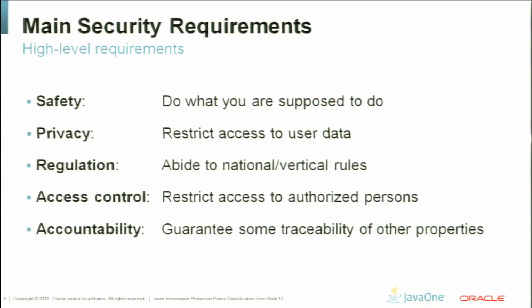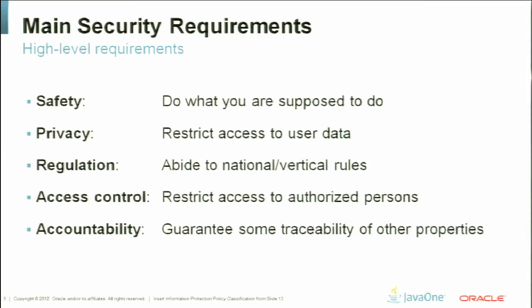So if we look at the requirements here, about the security, the ones that we see most often on the devices, the first thing, of course, is safety, and we have privacy, regulation, access control, and accountability. Those are the things that we see most often as being mentioned here.